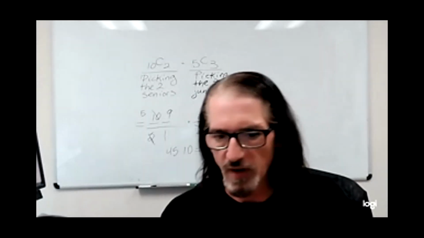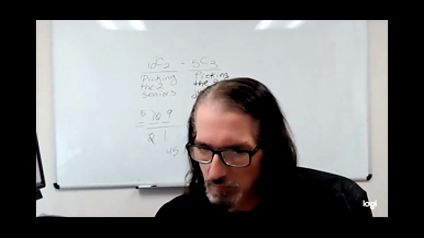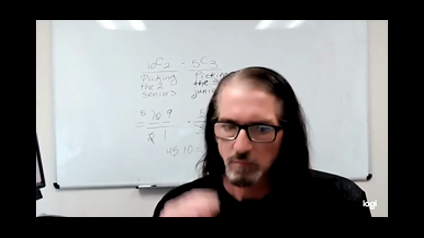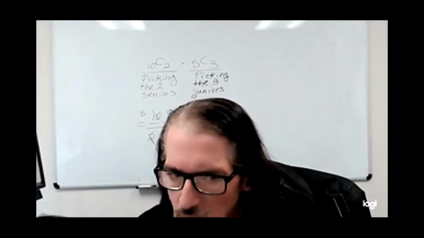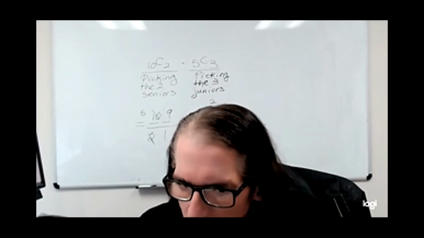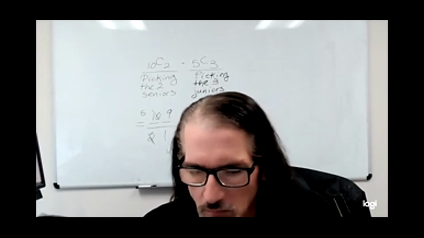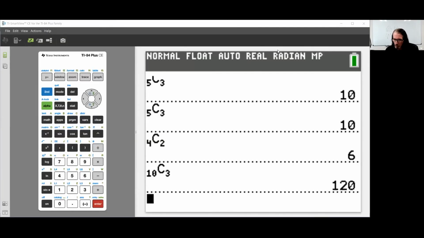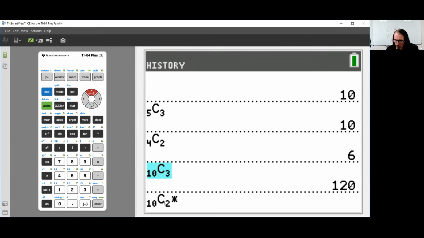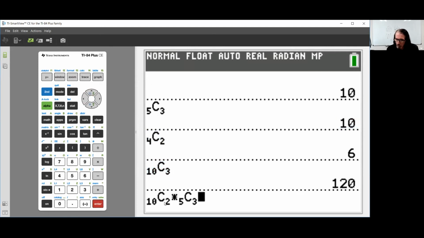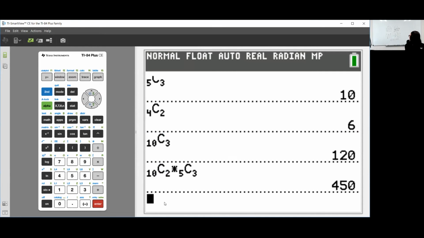Let's see if the calculator agrees on this one. 10C2 times 5C3. Don't know if this is going to work, but 450. That's what I came up with.